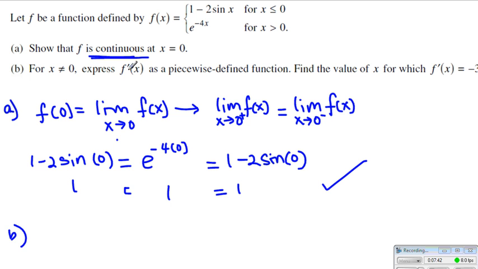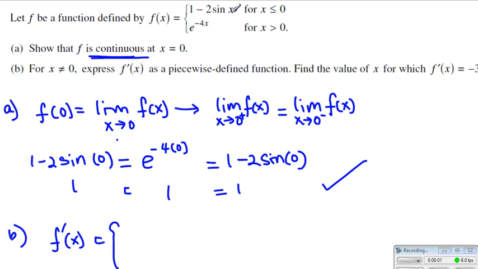We need to express the derivative of f as a piecewise defined function, and after that we need to figure out where everything is equal to negative 3. The derivative wouldn't change the domain.